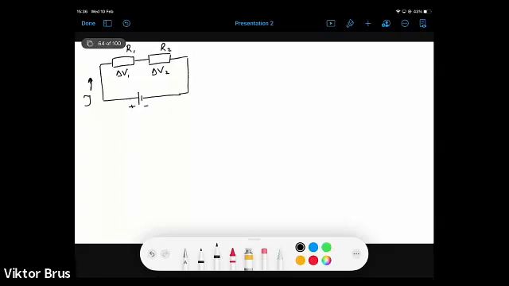So since these resistors are connected in series, that automatically means that the electric current which flows through these resistors will be the same. So what is electric current? It is a certain electric charge which passes the resistor, or a cross section of this resistor, per unit time.